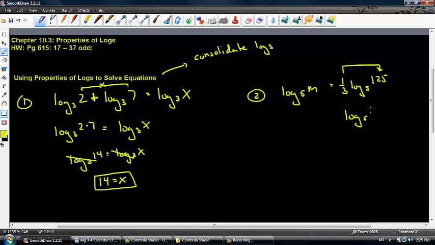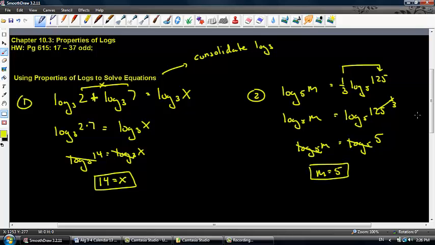So I have log base 5 of 125 to the 1/3 power, and that's going to equal log base 5 of m. Now 125 to the 1/3 power, that is 5, right? Because the cube root of 125 is 5, and that's log base 5 of m. Now again, I've got two logs that have the same bases, so I'm going to get them out of there. So I have m equals 5, and that's as far as you go.